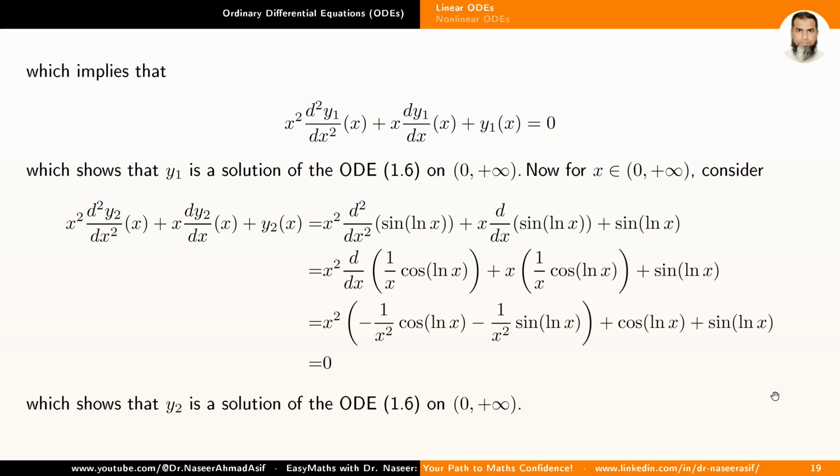Which shows that y2 is a solution of the ODE 1.6 on the open interval 0 to plus infinity.